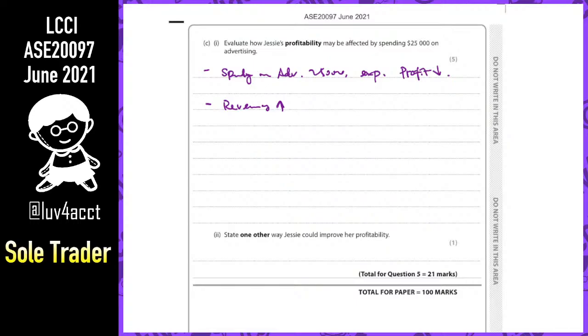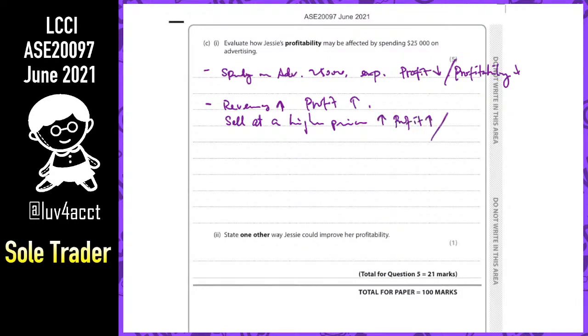But more importantly, if you advertise and you are able to sell at a higher price, then your profit goes up, and also your profitability will go up too.